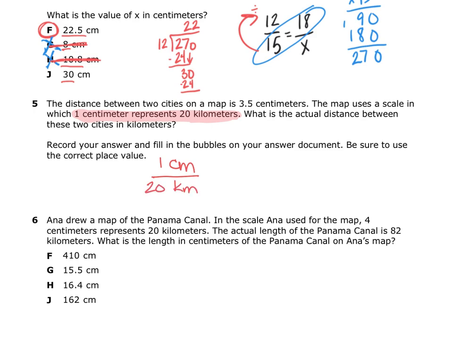Now there's a third number in the problem, 3.5 centimeters. Centimeters goes on top or bottom? Which one? Centimeters was on top, so I'm going to put 3.5 centimeters there over X. Now I can cross multiply and divide. 20 times 3.5.